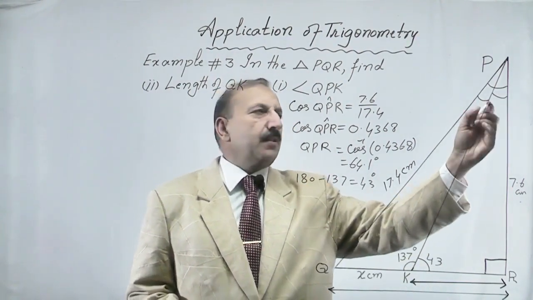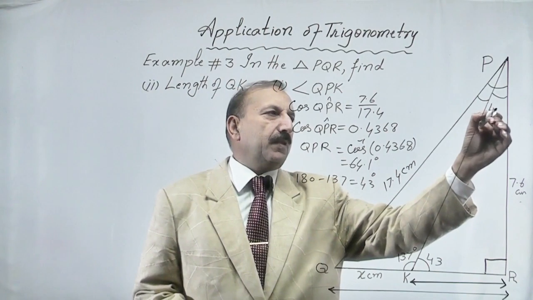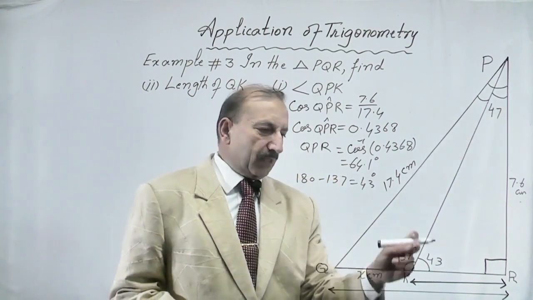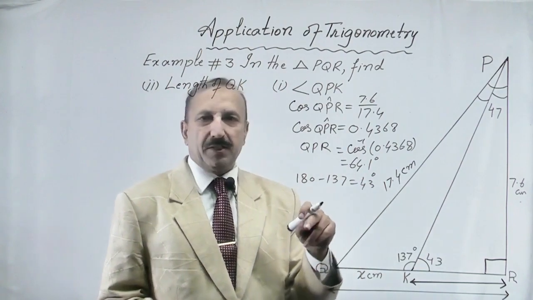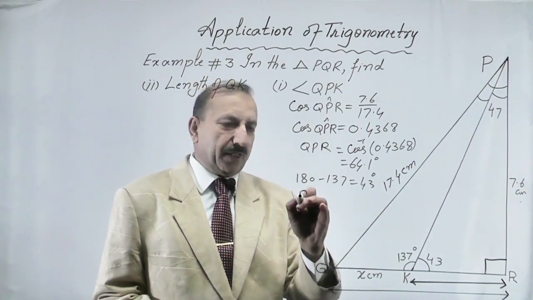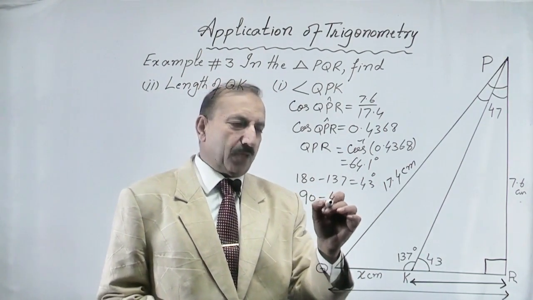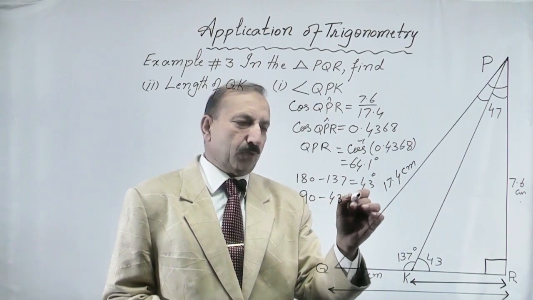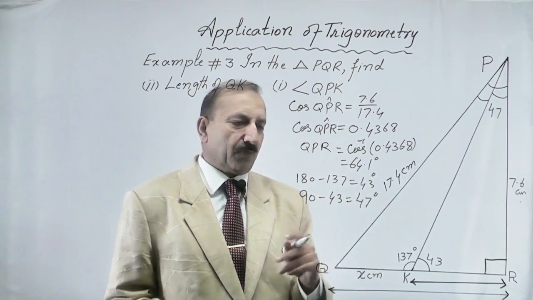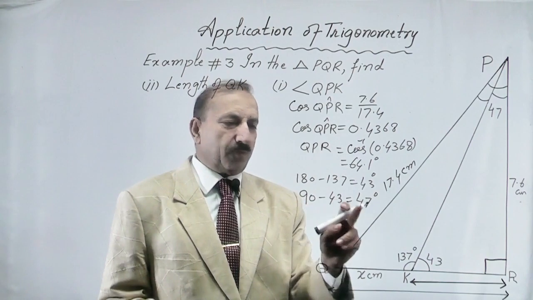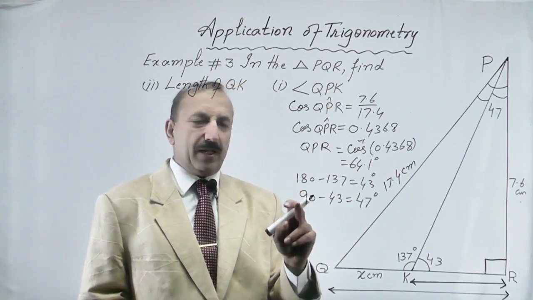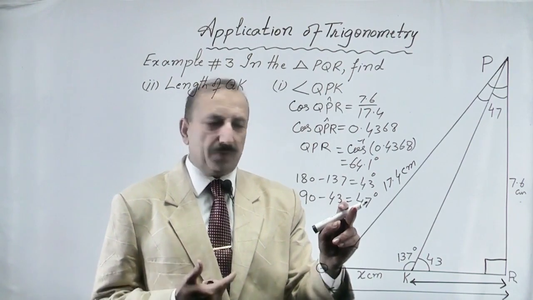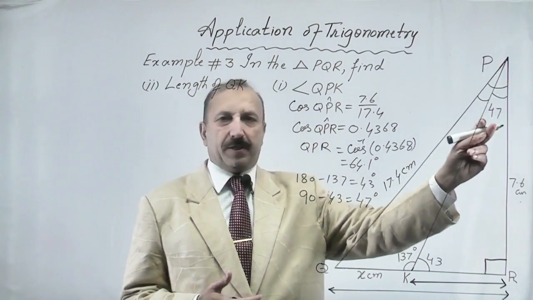Again, 90 minus 43 is equal to 47 degrees. Subtracting 3 from 10, we get 7, and subtracting 4 from 8 gives us 4. Now we got 47 here.